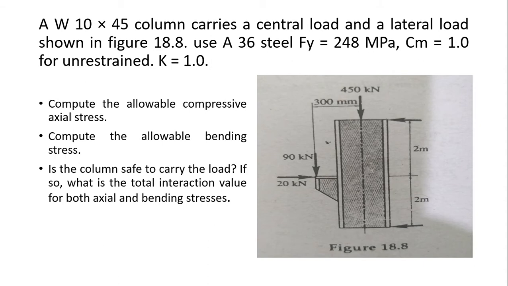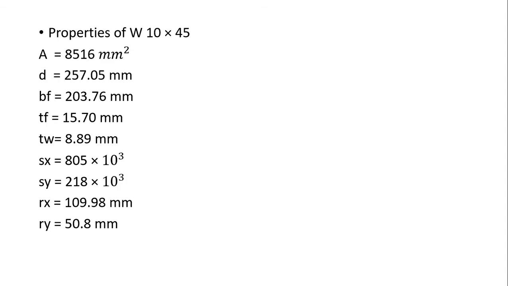So this is the figure. The properties of W10 by 45 are the following. Area is 8,516 mm squared. D is 257.05 mm. BF is 203.76 mm. TF is equal to 15.70 mm.